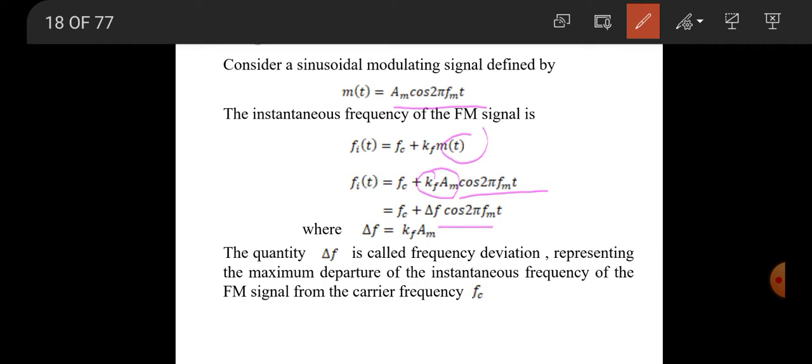The quantity del f is called frequency deviation, which represents the maximum departure of the instantaneous frequency of the FM signal from the carrier frequency.